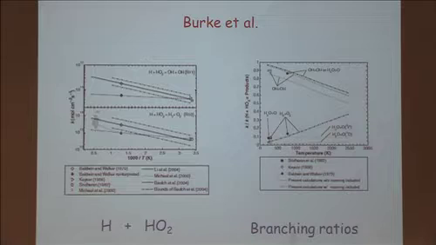And the interesting thing about it is that there are two channels. There are two important channels in the reaction: H reacting with HO2 and forming two hydroxyl radicals, and H reacting with HO2 and forming H2 plus O2.